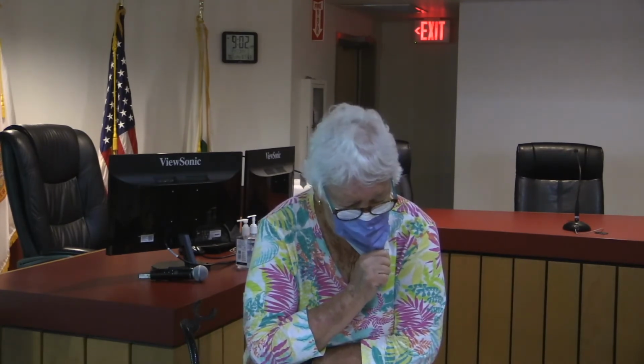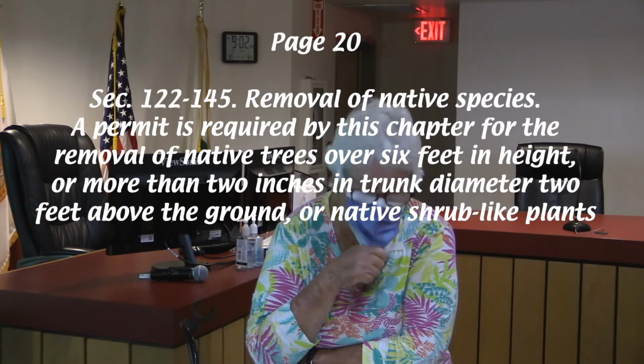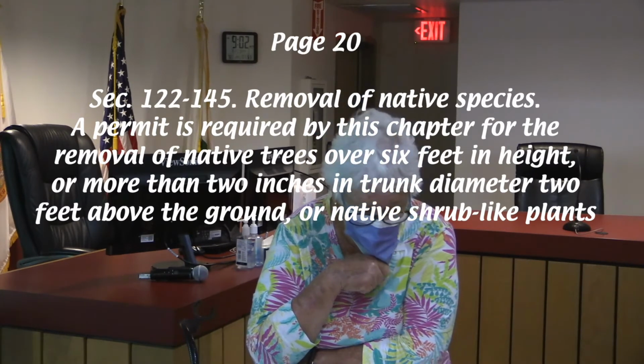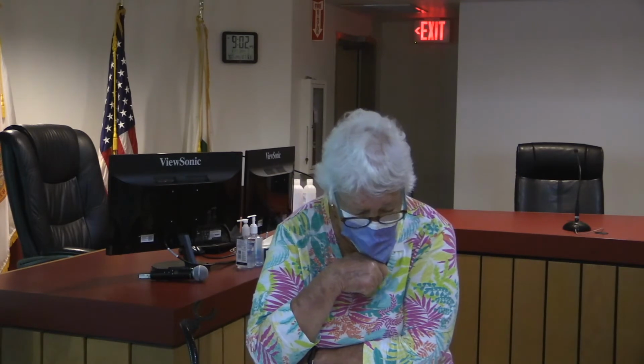Removal of native species. And I mentioned permits before and earlier, and a permit is required for the removal of native trees over 6 feet in height or more than 2 inches in trunk diameter, 2 feet above the ground, or native shrub-like plants such as wild olive, wild coffee, white indigo berry, etc., that are more than 2 feet in height.